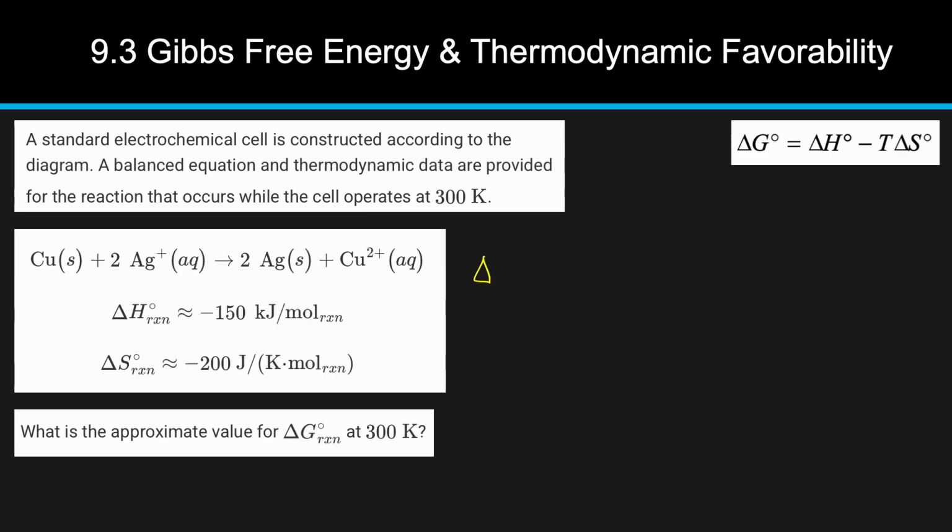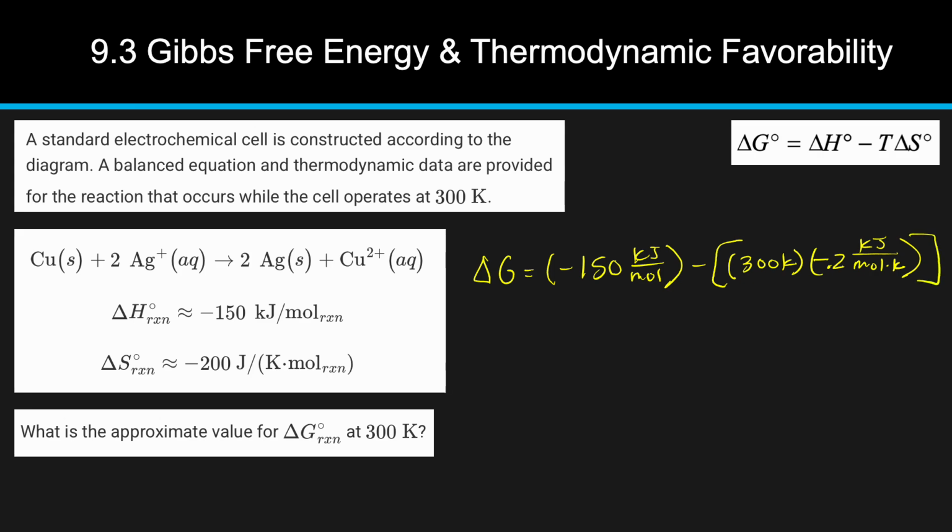So delta G is equal to delta H, which is negative 150 kilojoules per mole. Then subtract our temperature, which is 300 Kelvin, times our delta S, which is negative 0.2 kilojoules per mole times Kelvin.